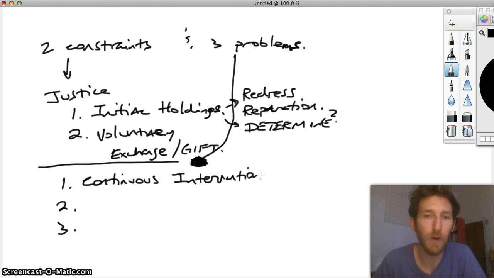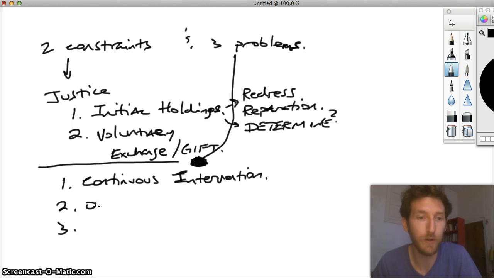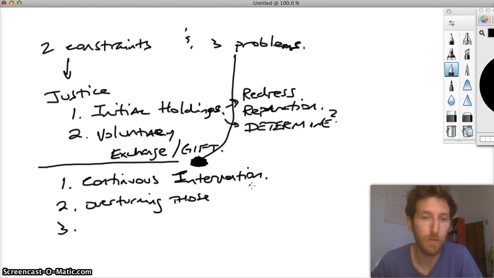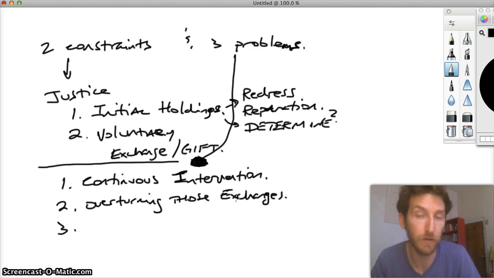We would have to intervene all the time into people's voluntary exchanges. And that seems as though it's too overturning of those voluntary exchanges, and thereby overturning the voluntary choices that people make, and again, thereby violating their liberty.